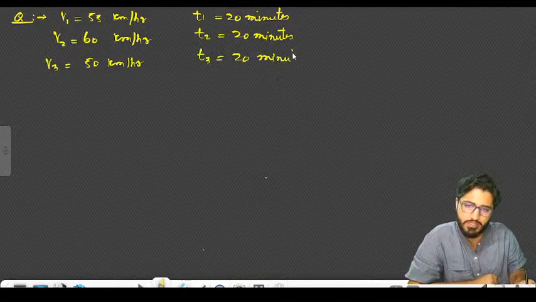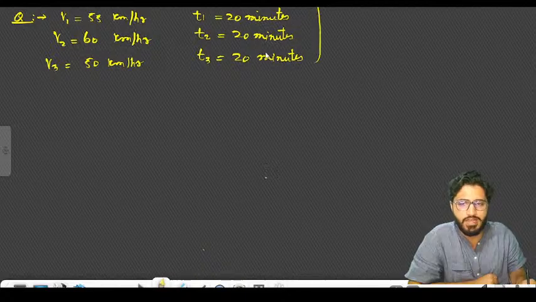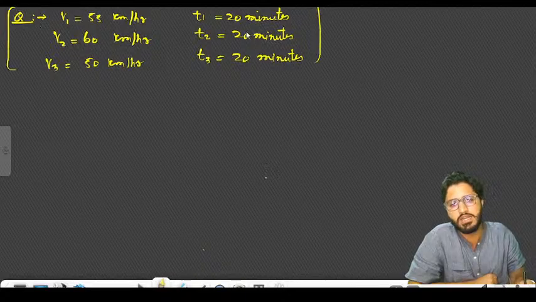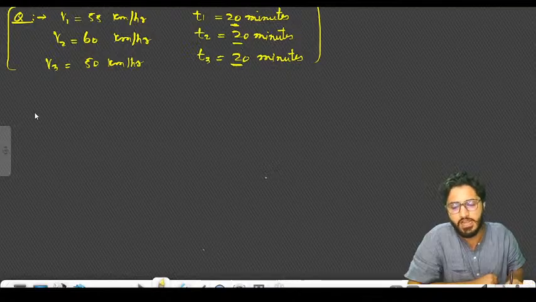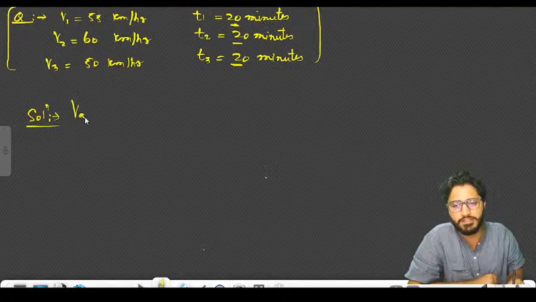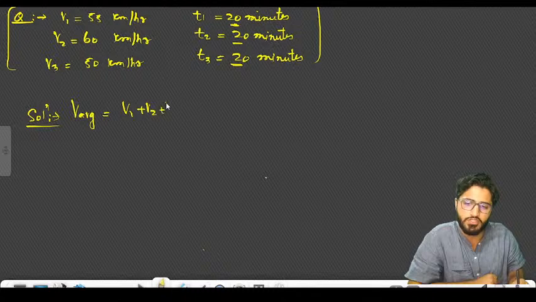Now you will find a pattern here. Sir, the timings are the same, the timings are the same. If the timings are the same, then which formula do I need to apply? V average equals (V1 + V2 + V3) divided by 3.